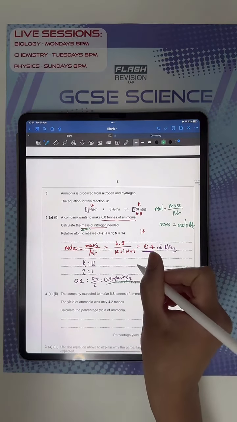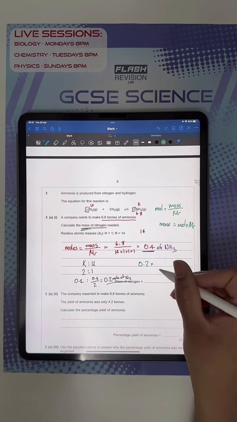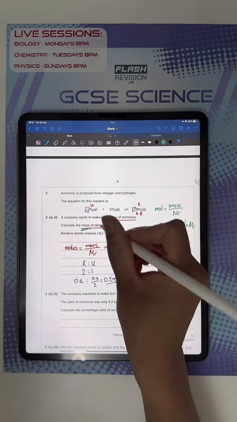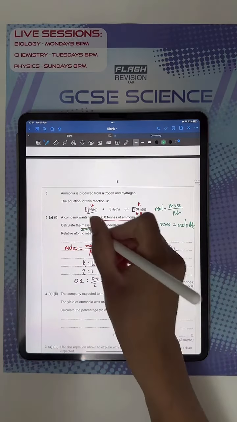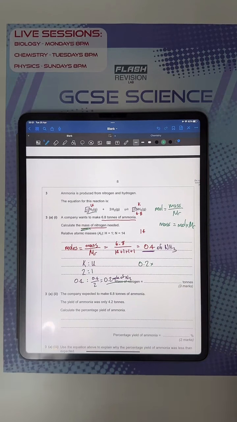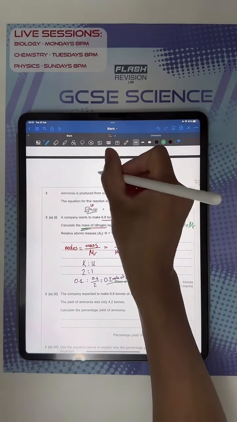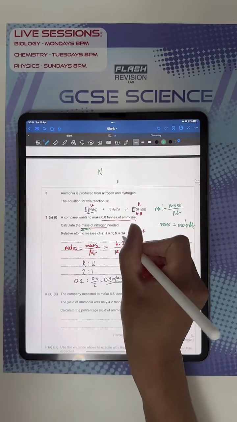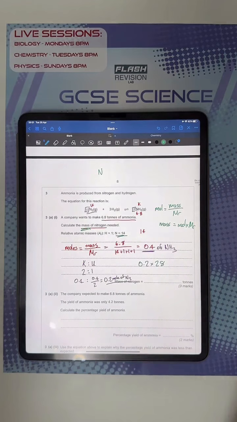So we take this 0.2 moles times the Mr of our unknown, our N2. What's the Mr of our N2? It's 28, because if you look at nitrogen in the periodic table, nitrogen is 14, but there's 2 nitrogens because it's N2.